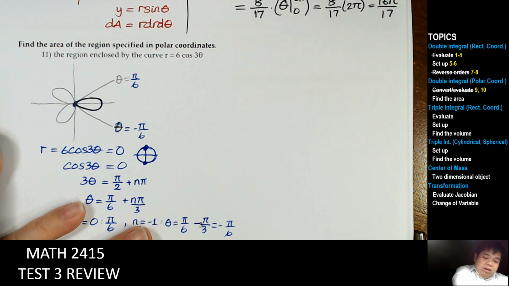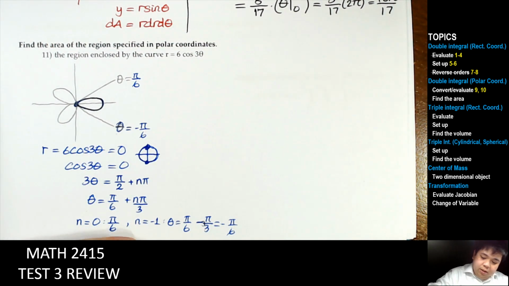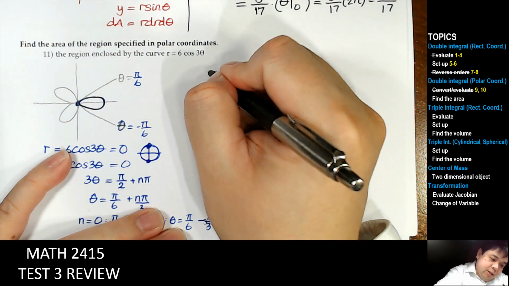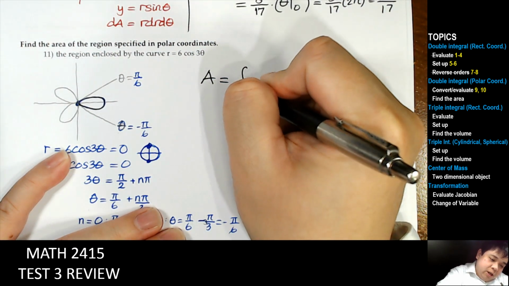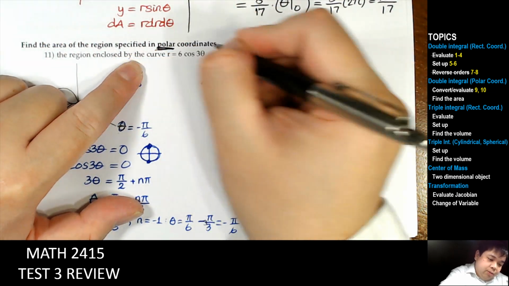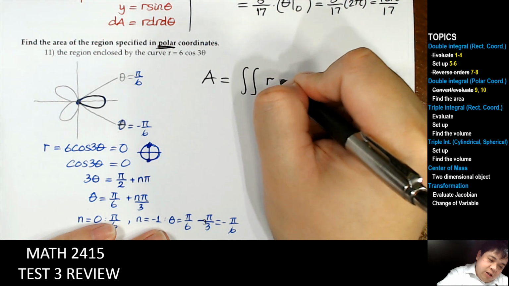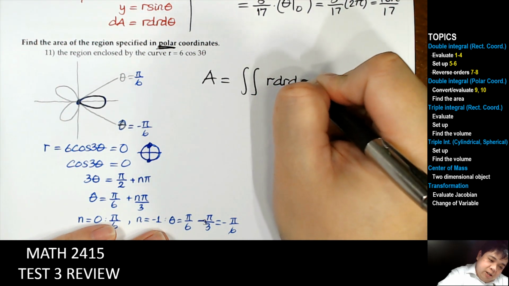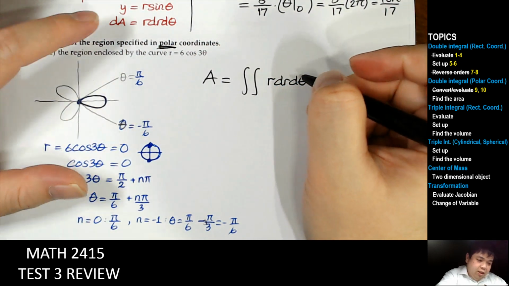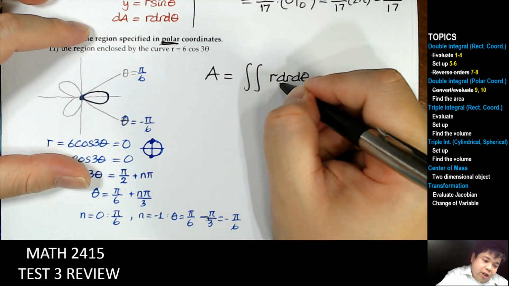So to find the area, it is going to be the double integral, but this time we use the polar. So instead of dA, we use r dr d theta. The limit now, r in the middle.